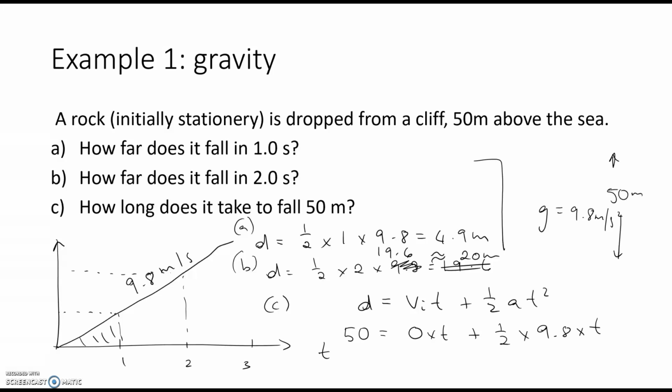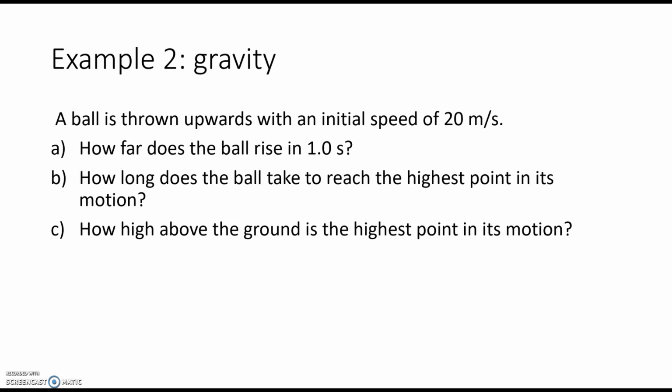We don't know what t is, so we can rearrange that to tell us that t squared is going to be 50 over 4.9, which is, well, then we can find that t is approximately equal to 3.2 seconds. So we had to use the equation. It was a bit too tricky to get from the graph for that one.